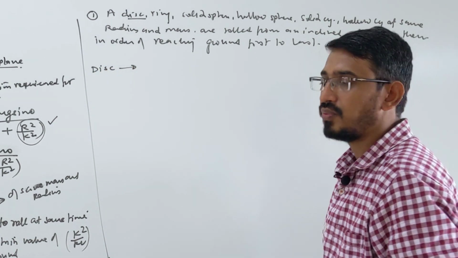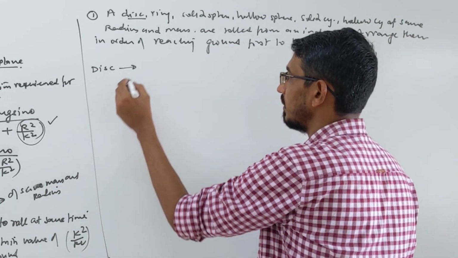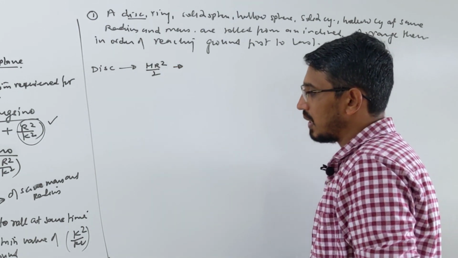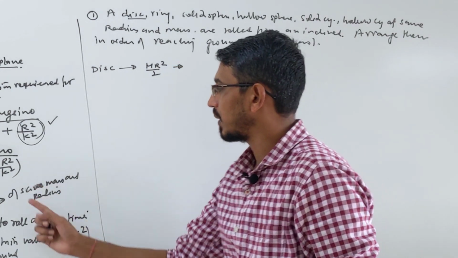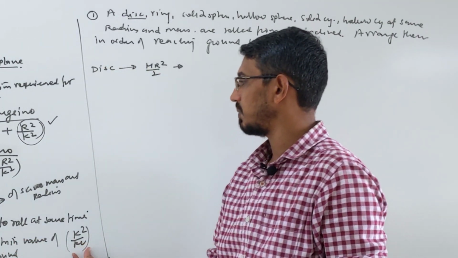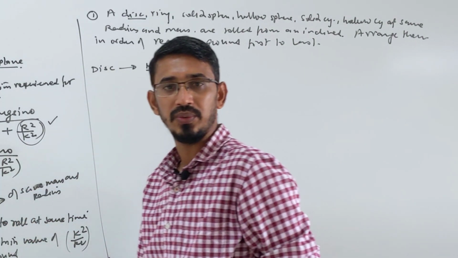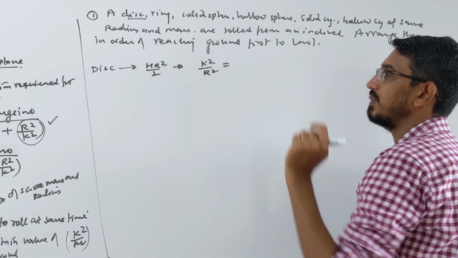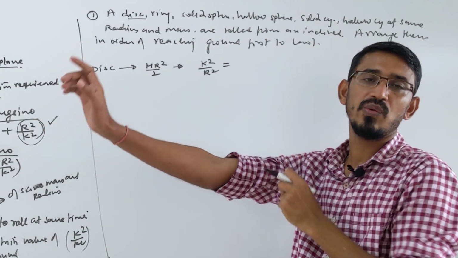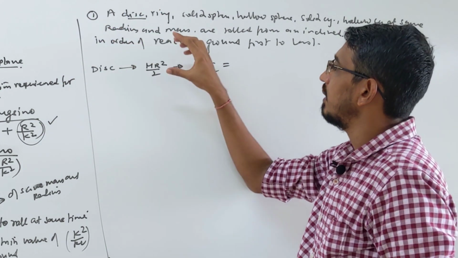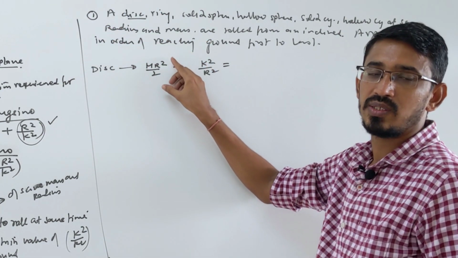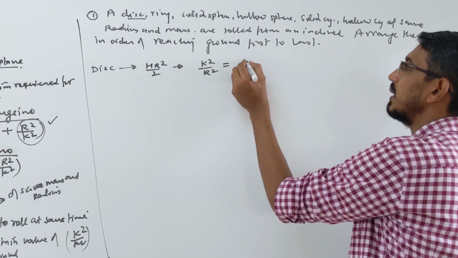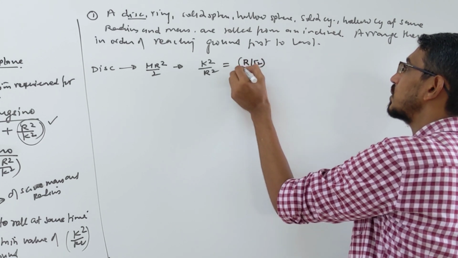Directly write the inertia formula, because we need the k term. The disc's inertia is Mr square by 2. We don't need to write the complete formula to answer this type of question, just this part, because the rest is the same for everyone. So what is k square by r square for this? The formula for k is root of I by m, which becomes root of r square by 2. So the k value will be r by root 2, squared.